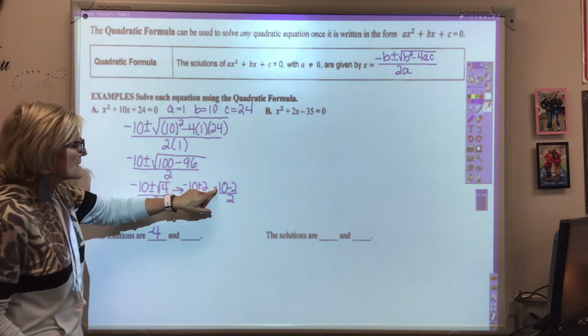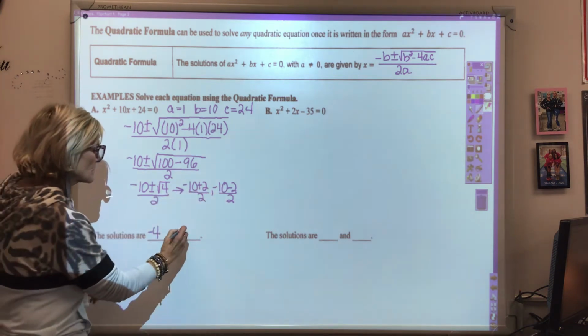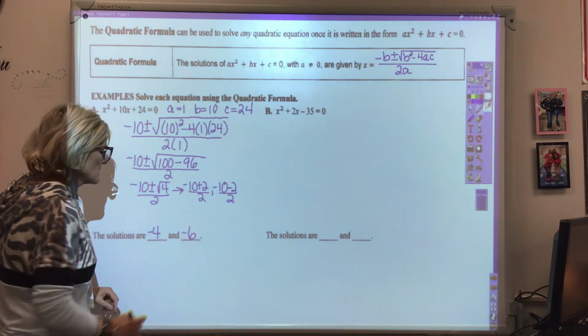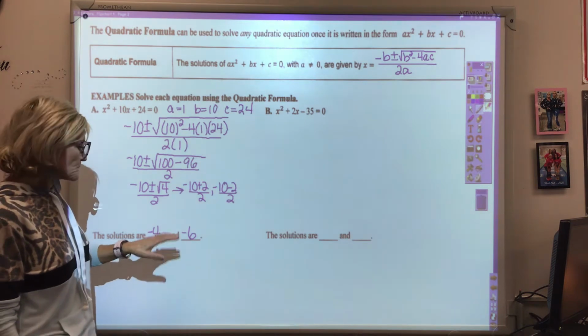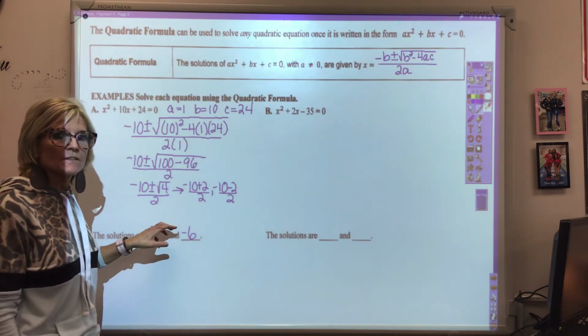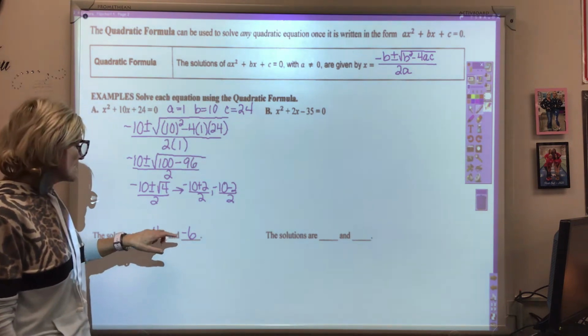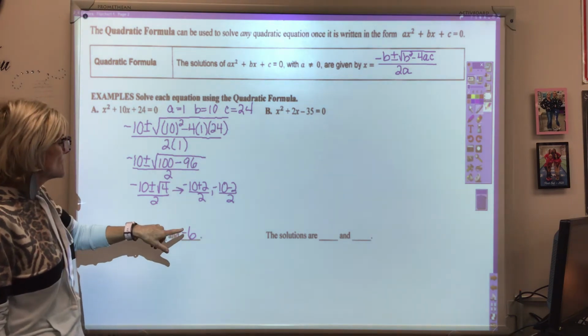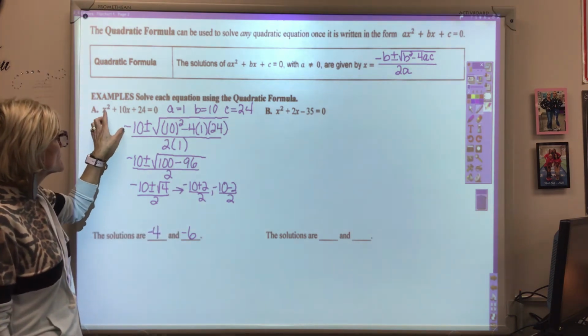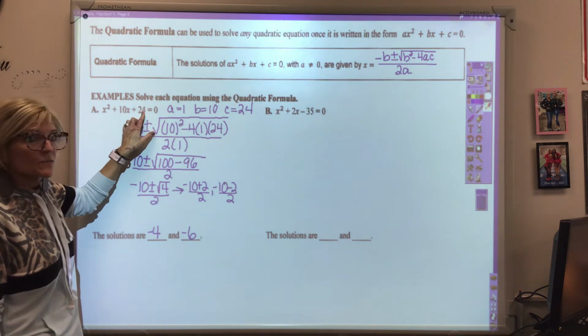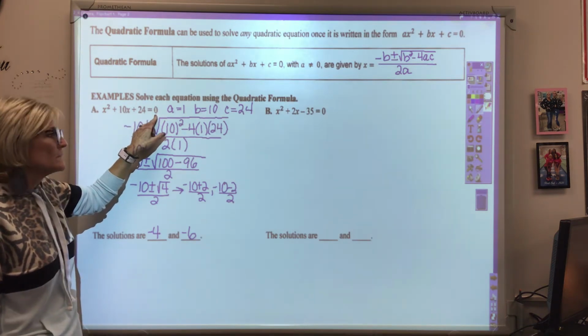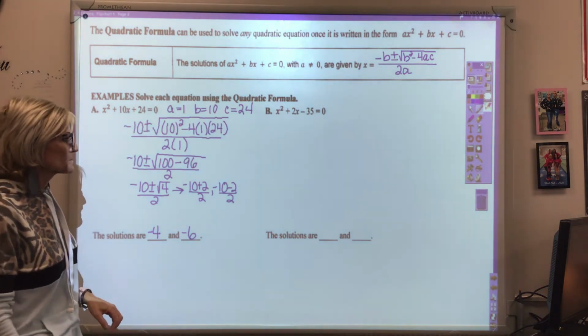And the second one would be negative 12 over 2, which would be negative 6. So in other words, as in the other sections of chapter 4, these two solutions, when each of them are plugged in to the equation for x, will give you 0 as the answer.